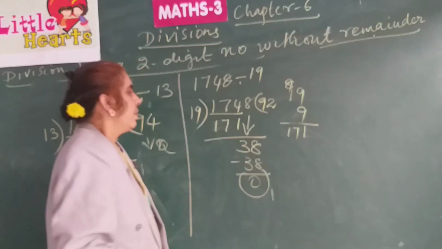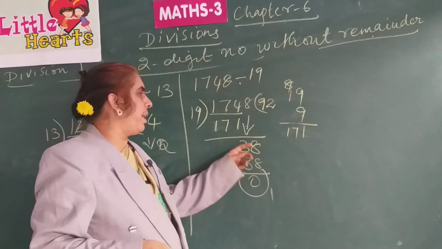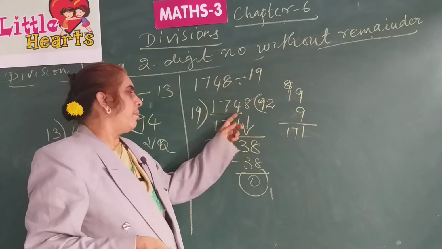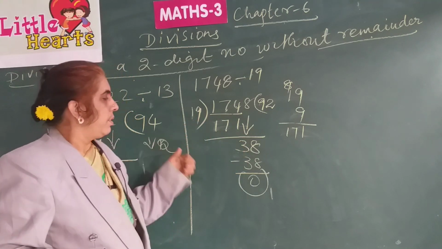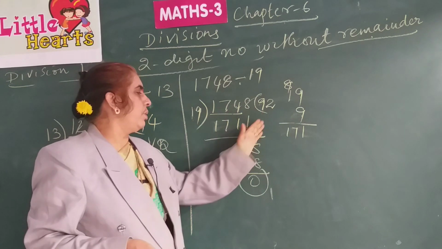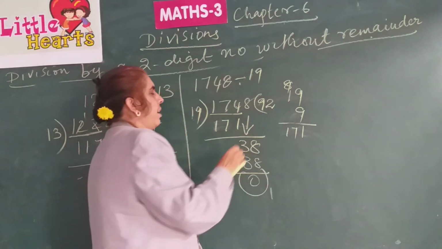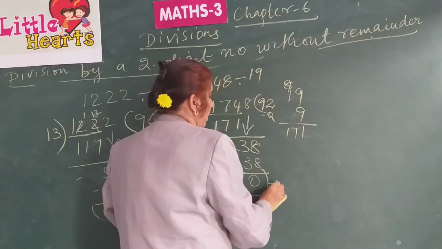Always, the remainder after subtraction should be less than the divisor. So 92 is the quotient and this is the remainder.